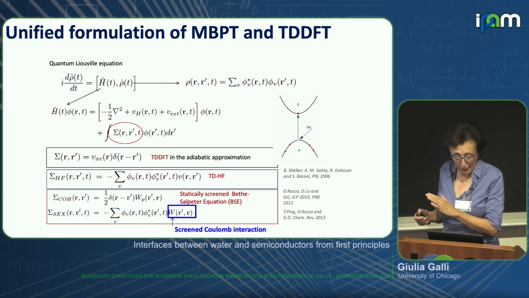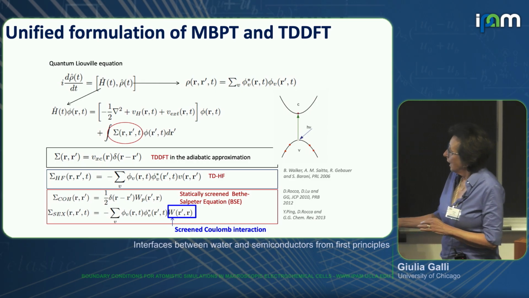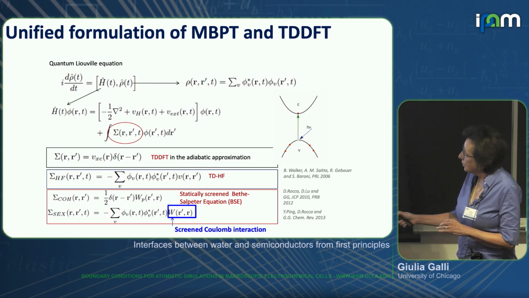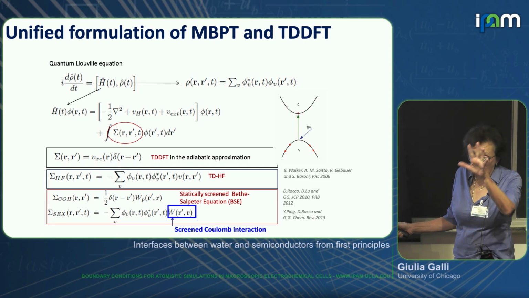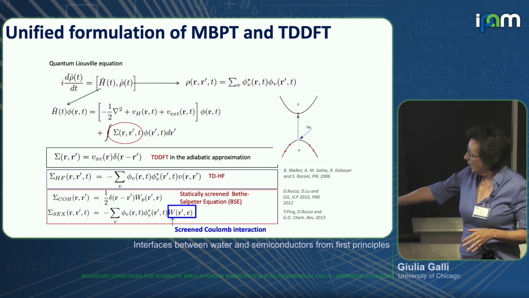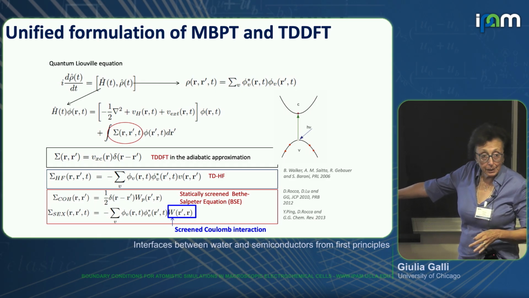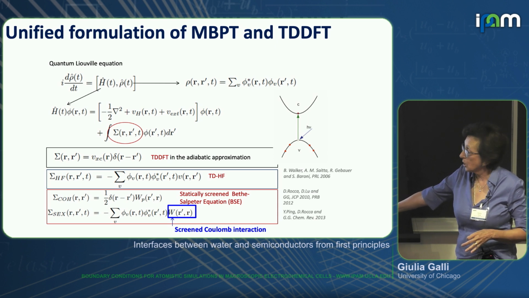I'm not going to explain everything here, but I just want to tell you that we start from a quantum Liouville equation where there is a self-energy, same self-energy of 2 slides ago for GW, and depending on how you approximate your self-energy, you can write down the equation of time-dependent density functional theory or the Bethe-Salpeter equation.